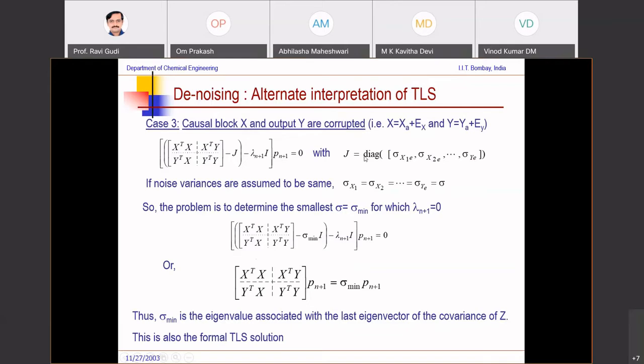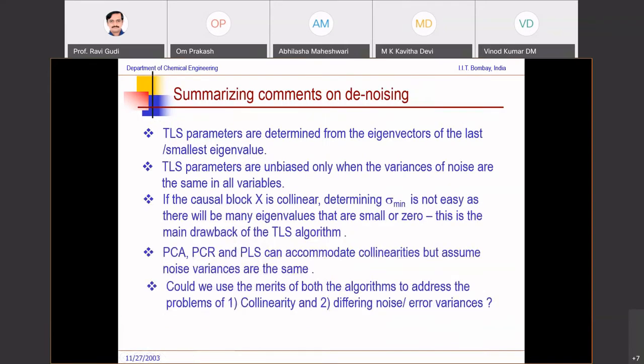If I choose J to be that, and I look at the smallest eigenvector, I can get the parameter vector. If I assume the noise variance is the same, then I get the formal least square solution. You can derive this yourself by doing matrix analysis, but I hope you can follow the derivation here. Otherwise, the slides are available to you.